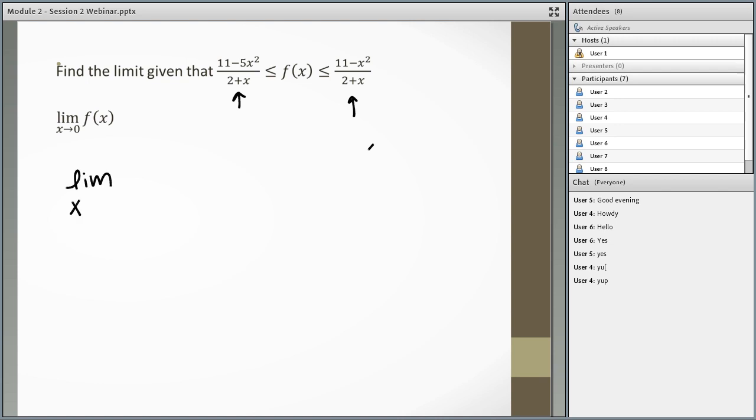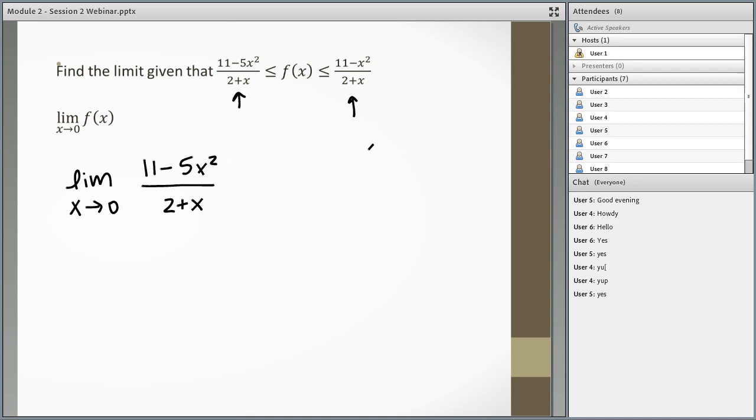So let's take the limit as x approaches 0 of the lower function. So (11 minus 5x squared) over (2 plus x). Can we use a direct substitution here like we did in some of the examples in the last webinar? Good, we can.